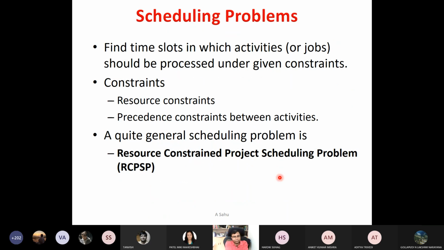So the scheduling problem: we find the time slot in which an activity or job should be processed under given constraints.